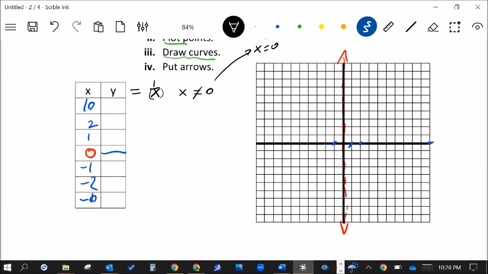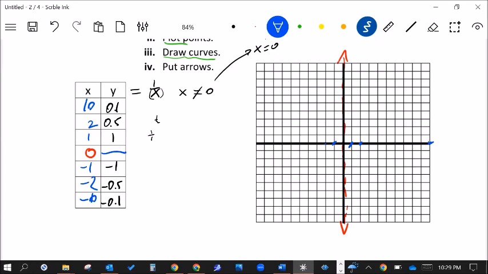So when we put those into the calculator, we get 1 over 1, so that's a 1. And then if I put a 2 in there, that's 1 over 2, which is 0.5. And then 1/10 is 0.1. And then we get the negatives of those. Sometimes it's different numbers, so don't trust it to always be that.